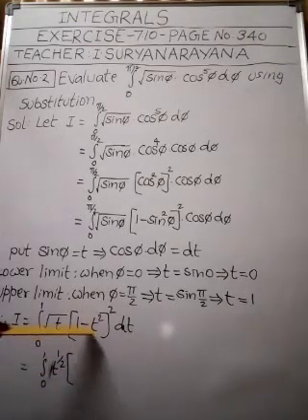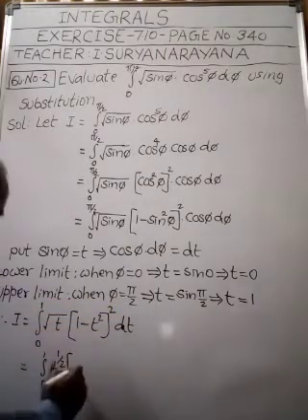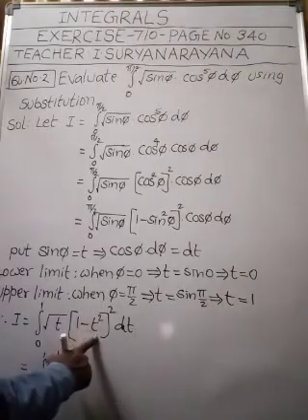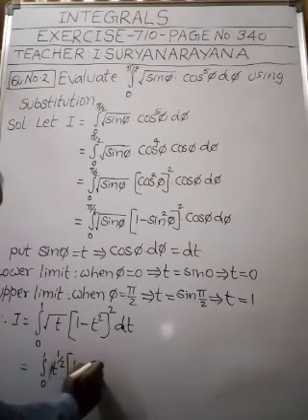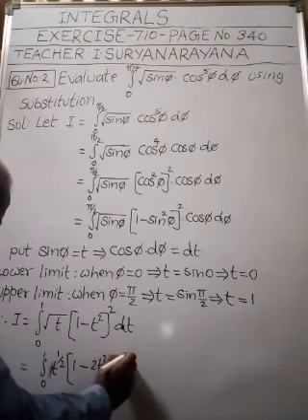Now we expand this binomial by using (a minus b) whole square. Then what do you get? 1 minus 2t square plus t power 4.